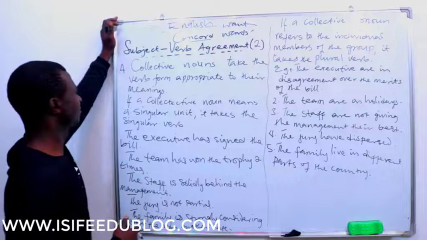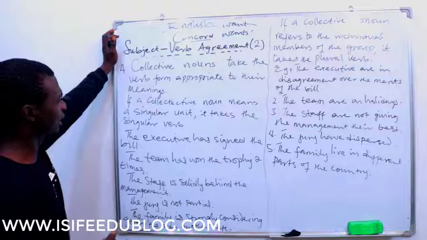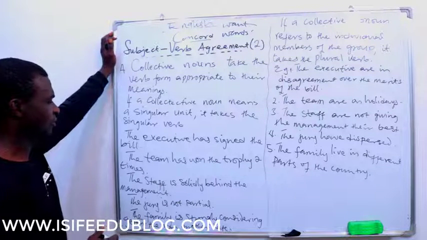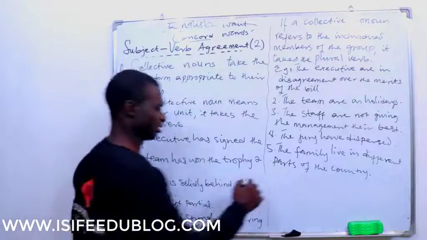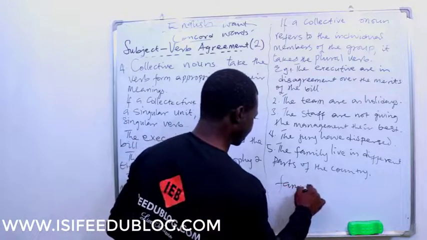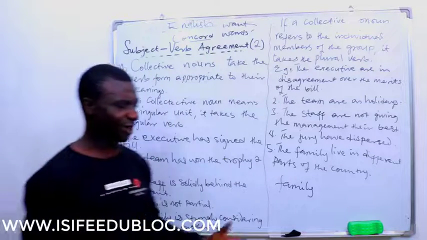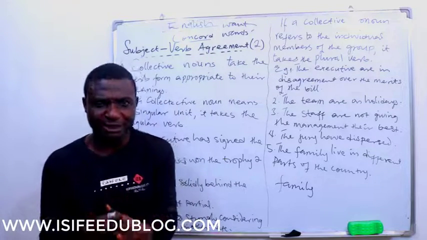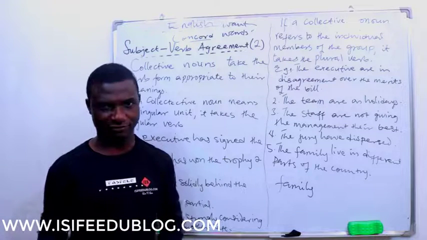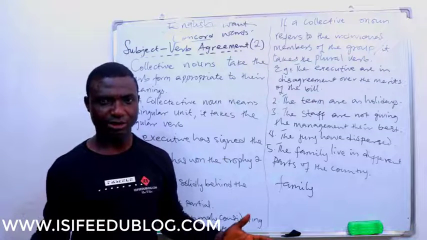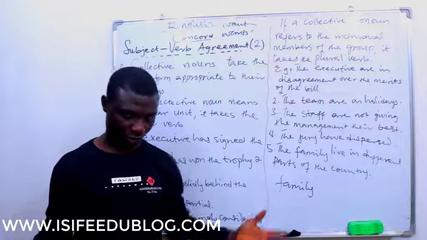If you have a collective noun, family for instance, at least for us to have a family, we must have 2 persons, the man and his wife. Alright? Then we begin to talk of children.